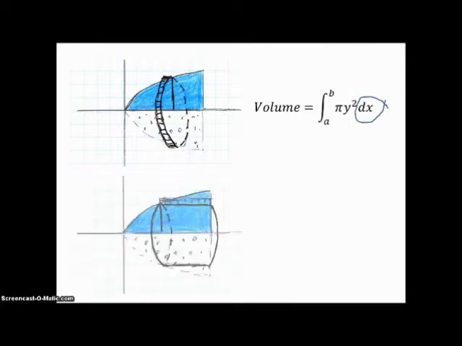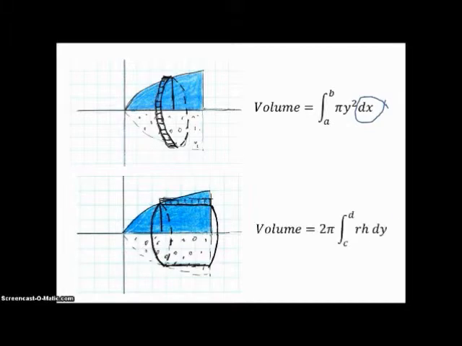Okay, now let's look at the same picture, this time using shells. Now if this shell was made out of paper, the thickness of the paper would be parallel to the y-axis. And so we're going to integrate with respect to y. And the formula is 2 pi r h.